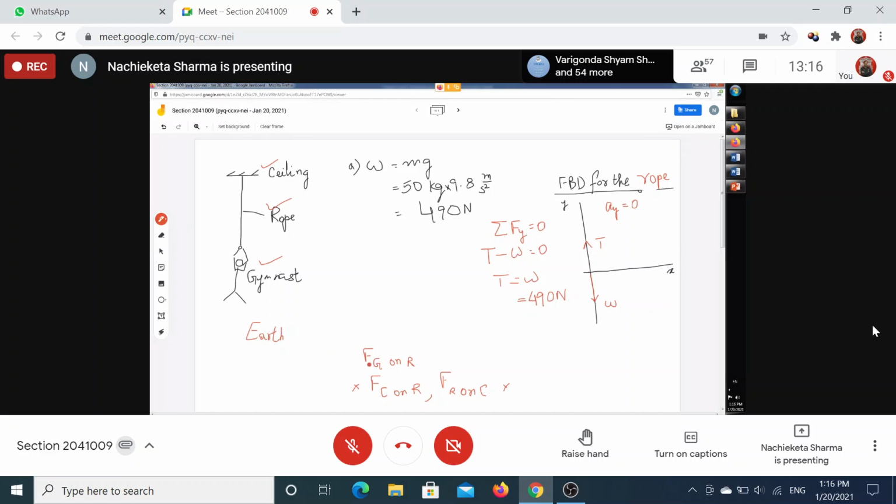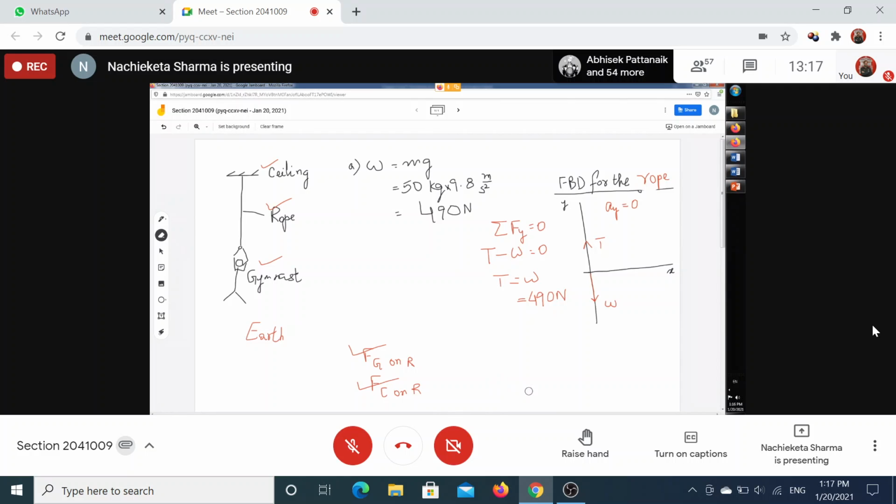And the force of ceiling on rope, that also I will include, because the ceiling is exerting a force. R on C, I will not include. What the rope is doing to others is immaterial for me, it is not important, so this also I will not include. So I will include two forces: force of gymnast on the rope and force of ceiling on the rope.